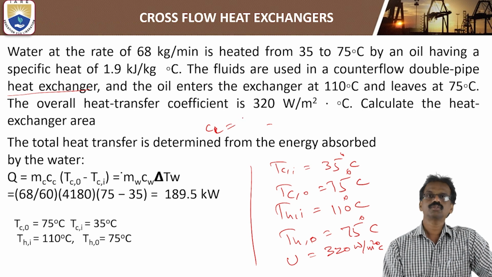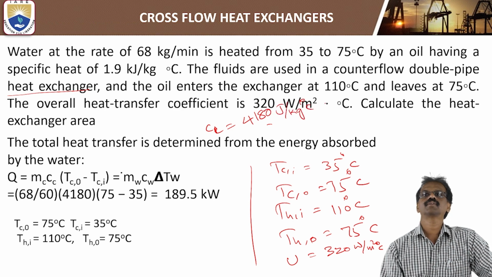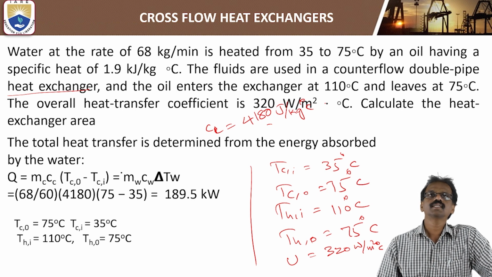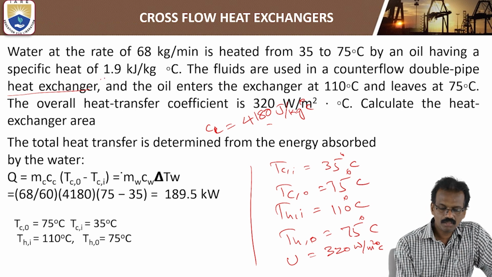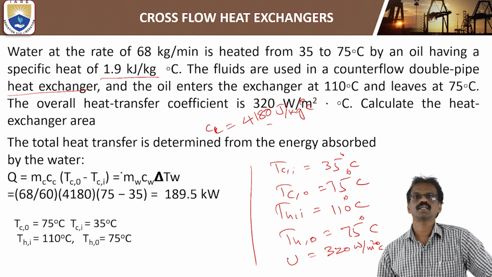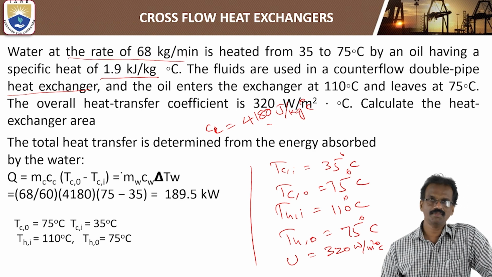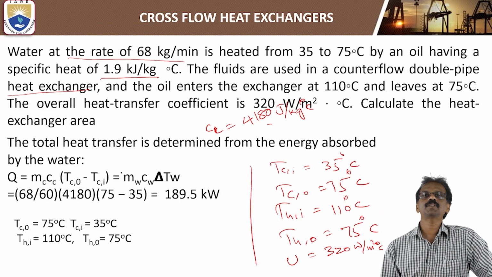So CC is 4.18 kilojoule per kg Kelvin or degree Celsius. The specific heat of the oil is given, but its mass flow rate is not given. Here the water mass flow rate is given, and you also know the specific heat of the water.